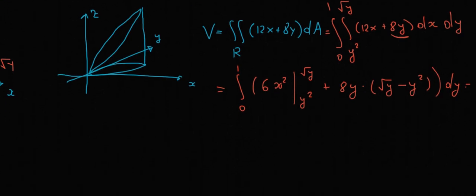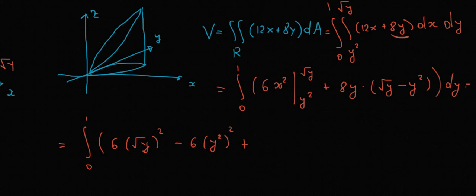Now let's calculate what happens when we use the antiderivative 6x squared of the function 12x and plug in the limits of integration, take the difference. We're going to get 6 times square root of y squared minus 6 times y squared squared.